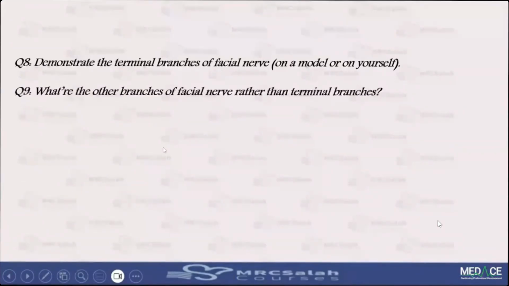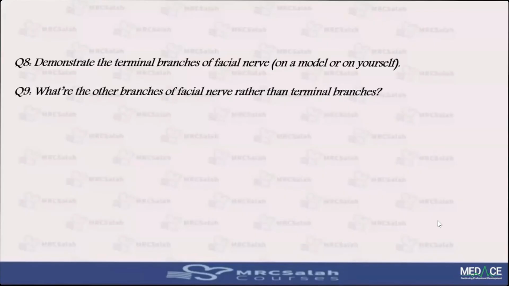What are the other branches of the facial nerve rather than the terminal branches? There are branches inside the facial canal, like the nerve to stapedius, chorda tympani, and the greater petrosal nerve.